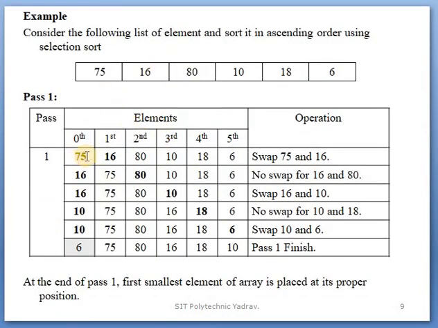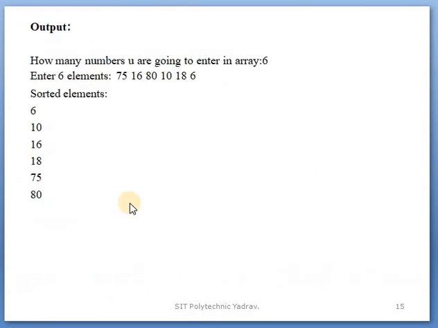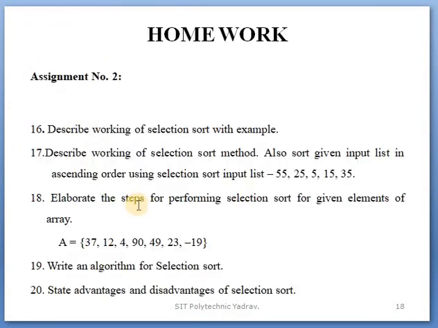We check if 75 is greater than 16, then swap it. For descending, check if 75 is less than 16, then swap it. Generally, questions ask only for ascending order, so write the working for ascending order only.